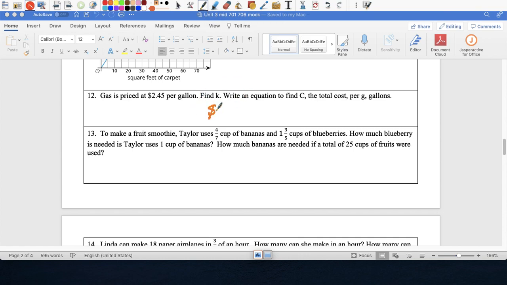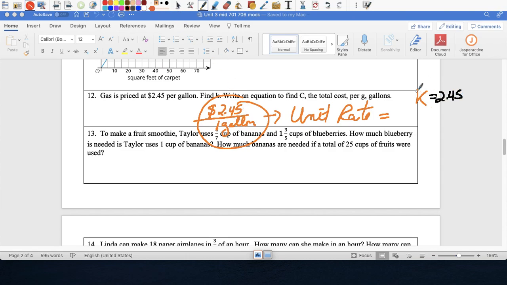So let me write this. $2.45 for 1 gallon. What is this called? This is called our unit rate, right? And who's our k? k is this guy on top. 2.45 is our constant of proportionality.